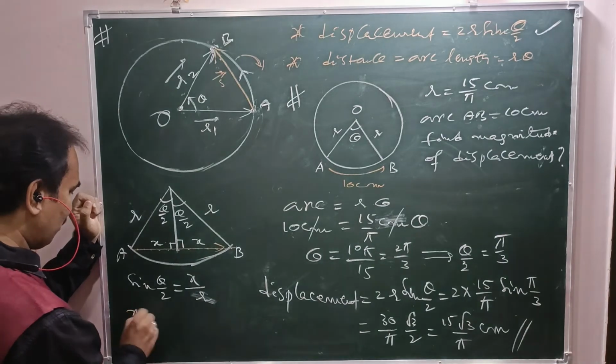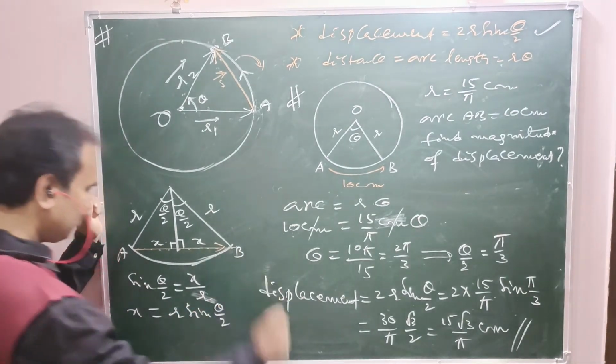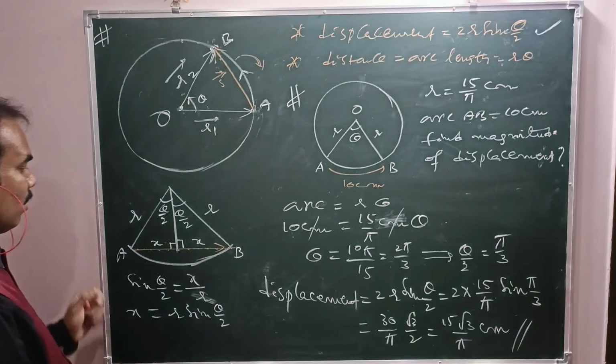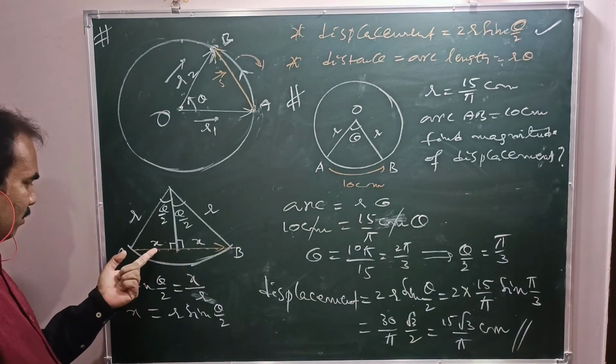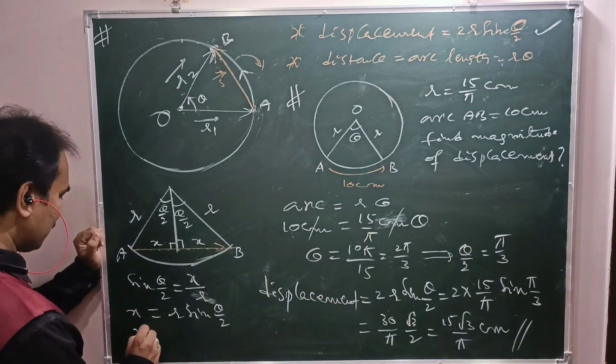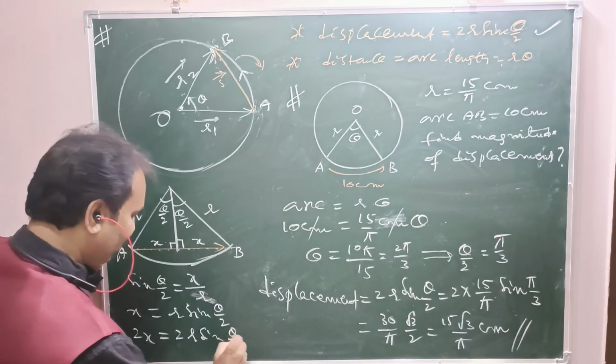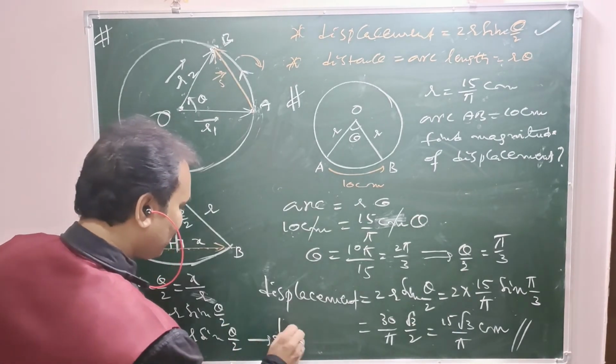That is x equal to r sine theta by 2. Now twice the x, 2x, is the displacement.